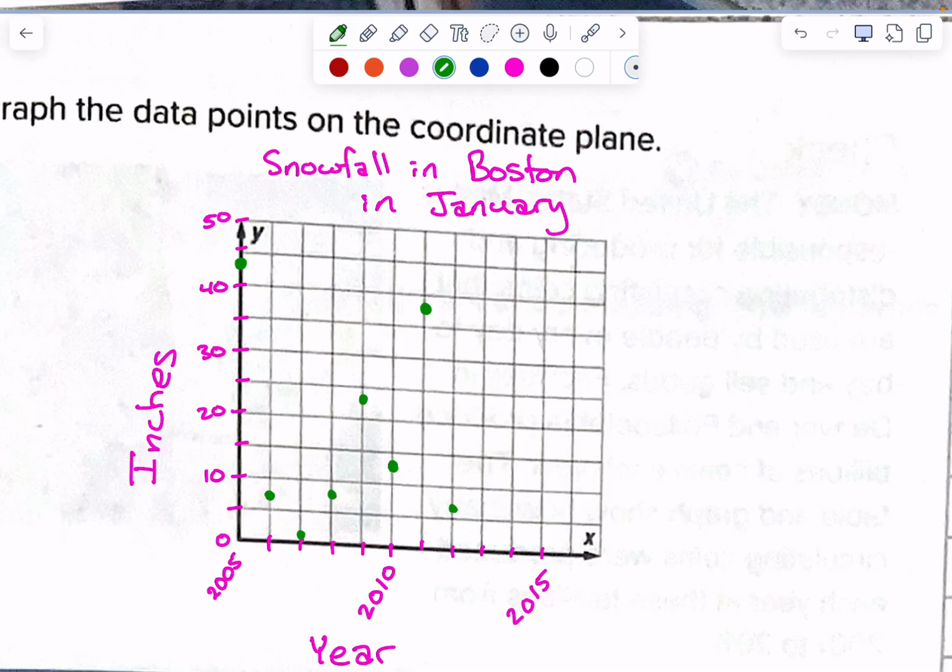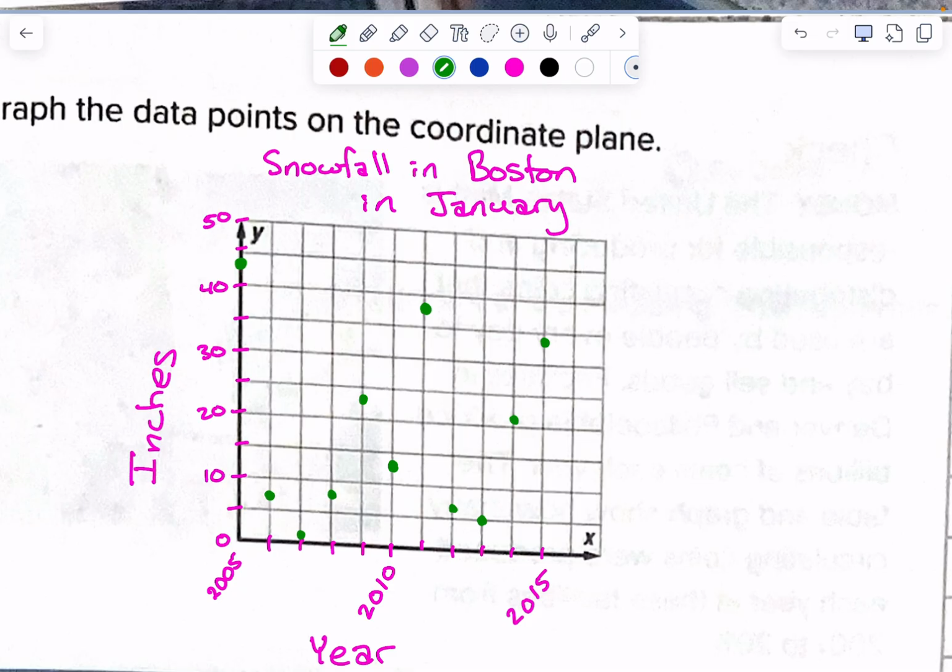Next. 5 exactly? Woo! Okay. Next. 21.8. Yeah. 34.3. There you go. 2015? Is that it?